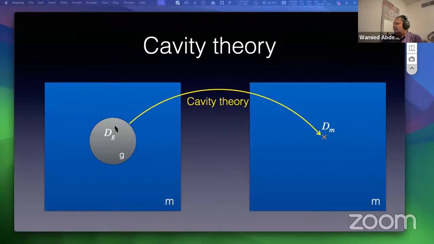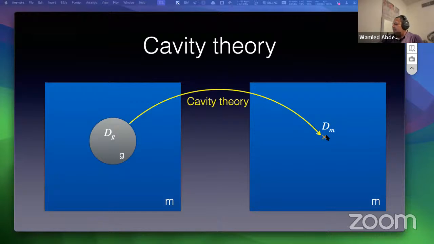Remember, when we say cavity, we mean there is a material surrounded by a medium of interest. We are not interested in the dose inside this dosimeter, but we are interested to know the dose in the medium when this dosimeter, or this cavity, is not present.